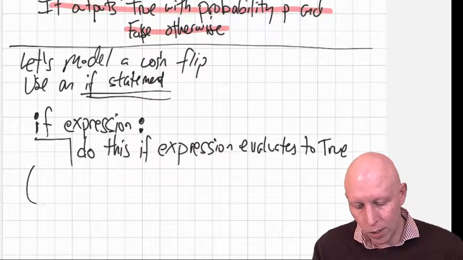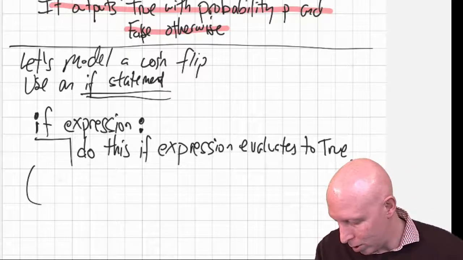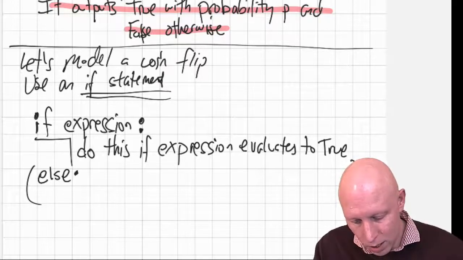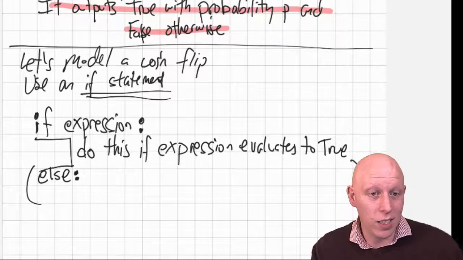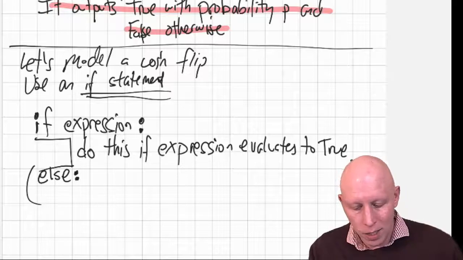And then an optional thing is, if it's not true, we can do an else statement. Else, colon. Notice we've left our indent and we're back to our line here.